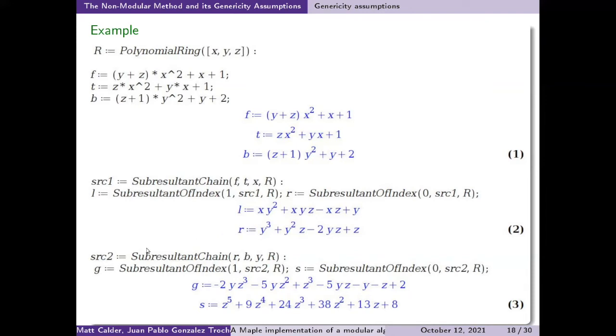Now we can compute the subresultant chain between R and B with respect to y, and set G as the subresultant of index 1 and S as the subresultant of index 0.